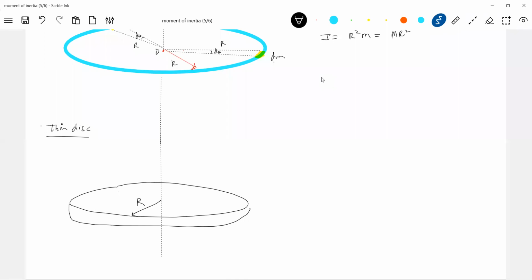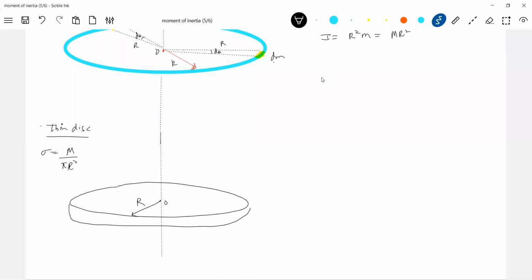What is the moment of inertia about an axis passing through its center and perpendicular to plane? It's a laminar body, no? So then we define sigma equal to mass of the body M by pi r square.